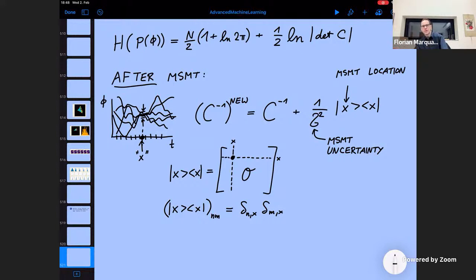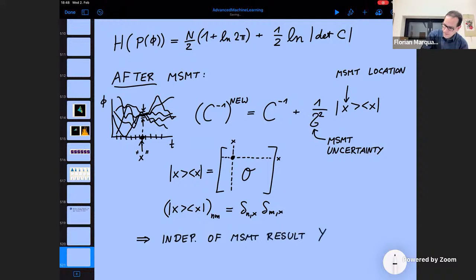Here, this is not necessary, because things do not depend on the measurement result. Okay, so we don't need to average. So that's one trouble less.